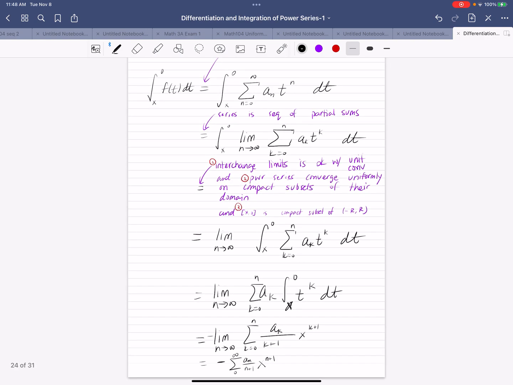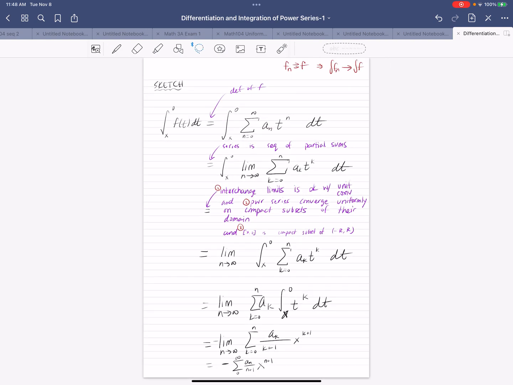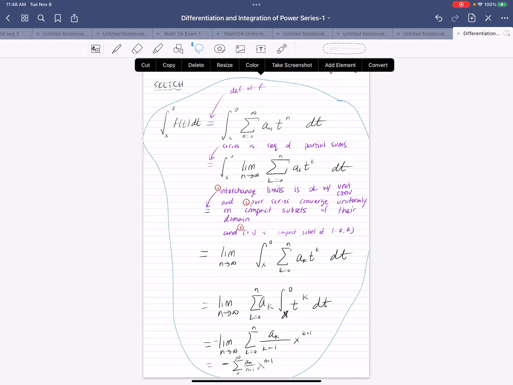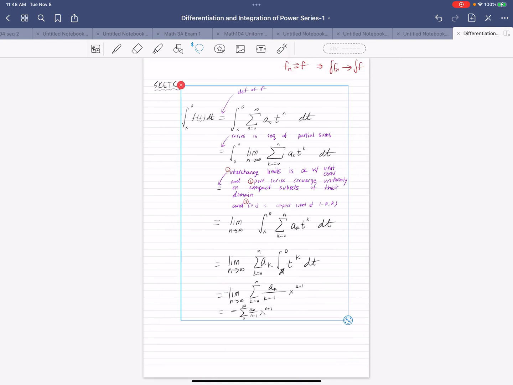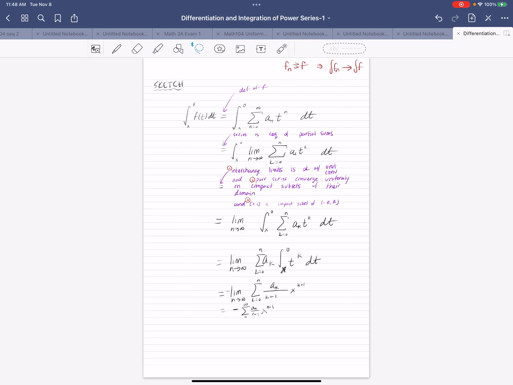And the last thing we would do to take care of the minus sign would be to go back and say if we integrate from 0 to x, then we'll get minus the integral from x to 0.